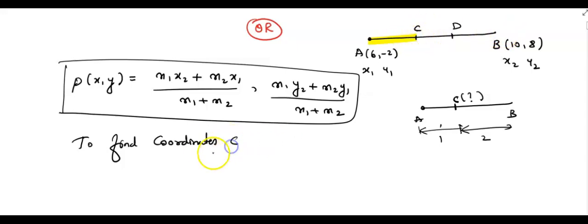To find the coordinates of C, what is m1 is to m2 here? m1 is to m2 is equal to 1 is to 2. This is one part and this is two parts.